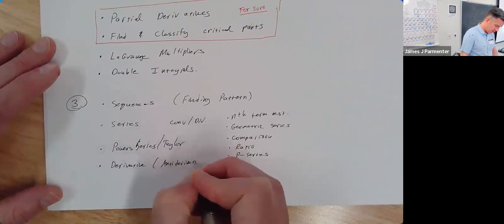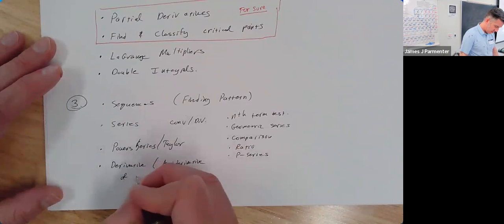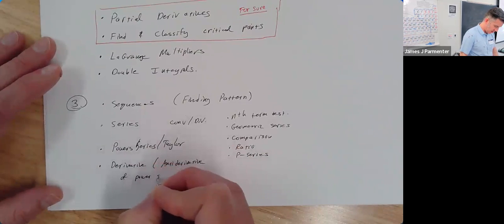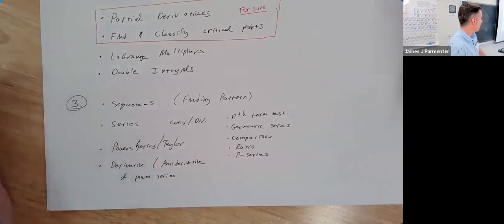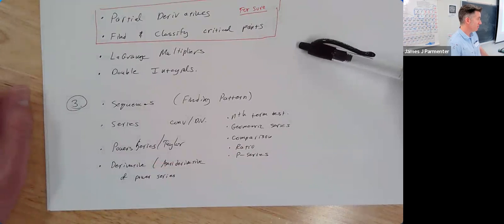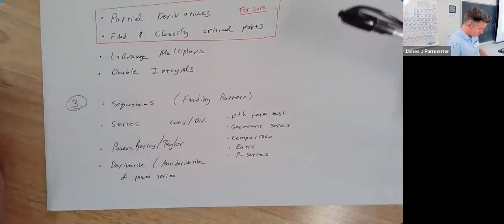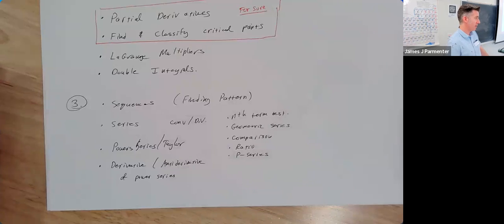If you did those homework questions, you might have noticed the thing we talked about in class a couple classes ago, where I mentioned that if you take the derivative or the antiderivative of a power series, the radius of convergence stays the same. So you might get asked to use this to find the radius of convergence of something. Possible.